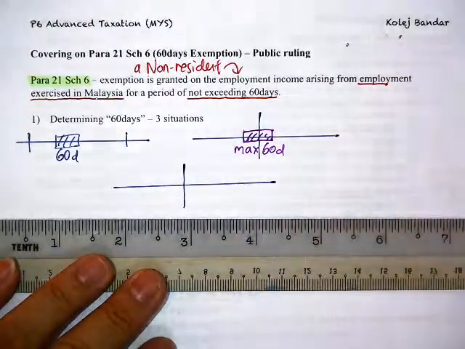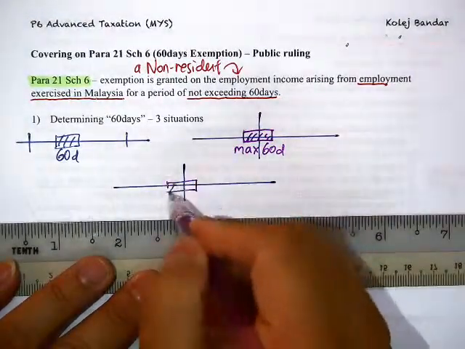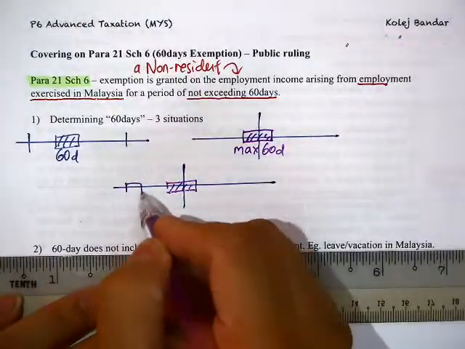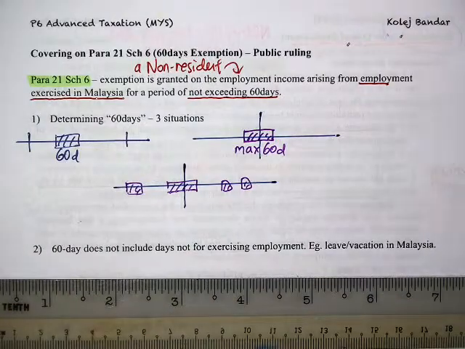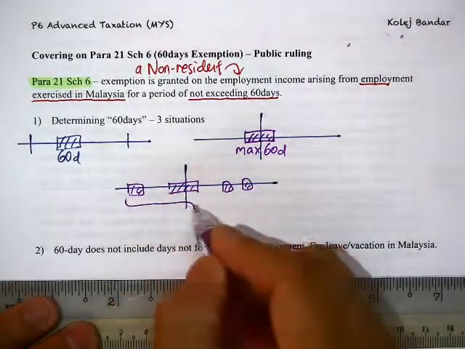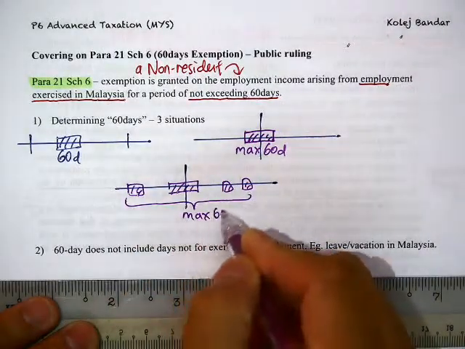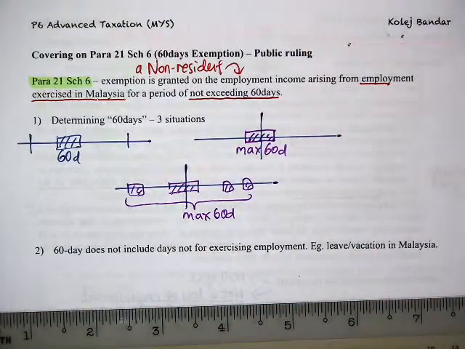If you overlap 2 successive years, you must add whatever physical days you have in both years, and all of that must be a maximum of 60, then you qualify for the exemption.